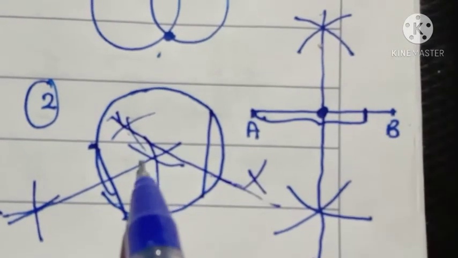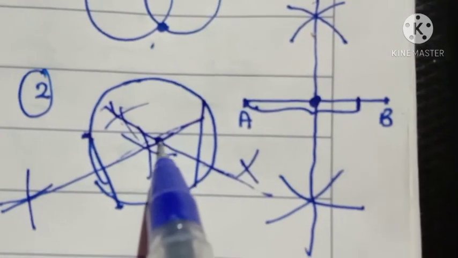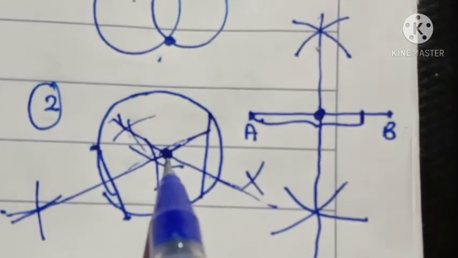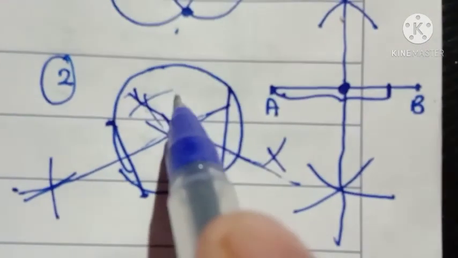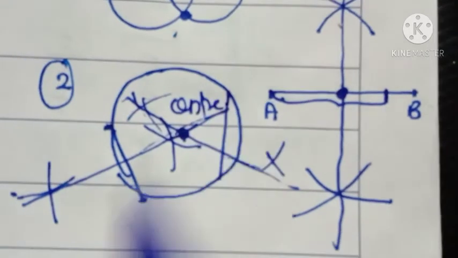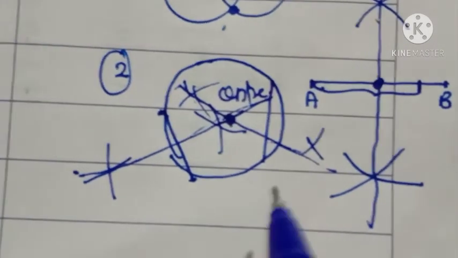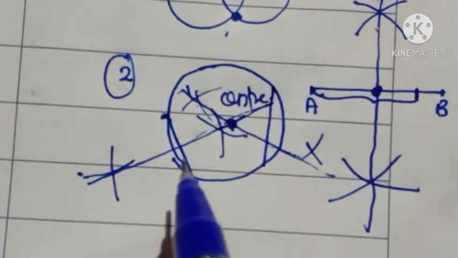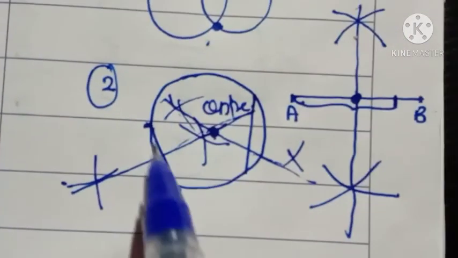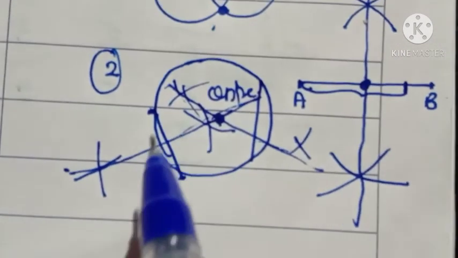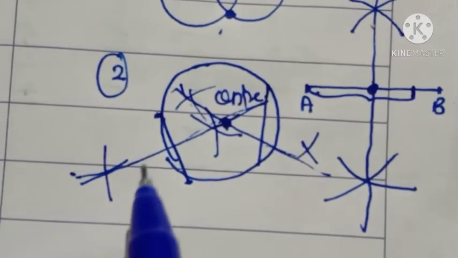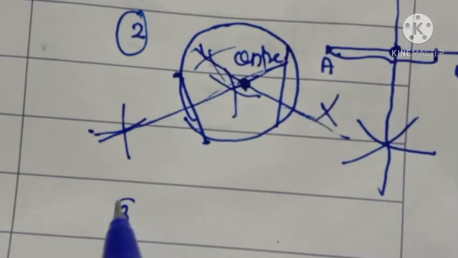You can see that both lines meet at a point, and that point represents the center of the circle. You can see this construction in the chapter on construction, so now you need not draw the construction. Now let's see question number 3.